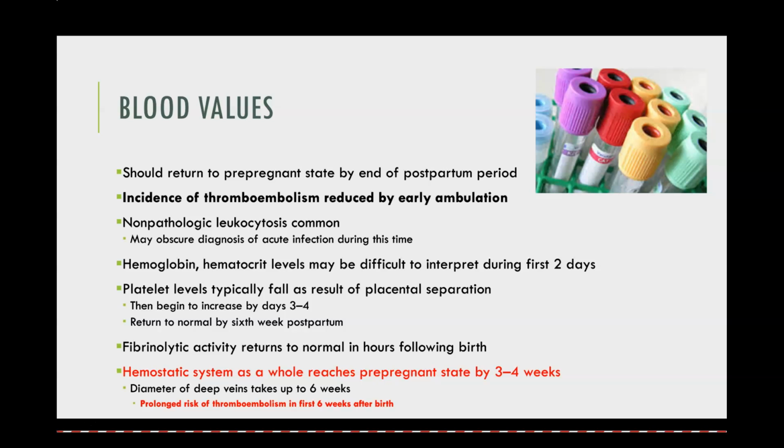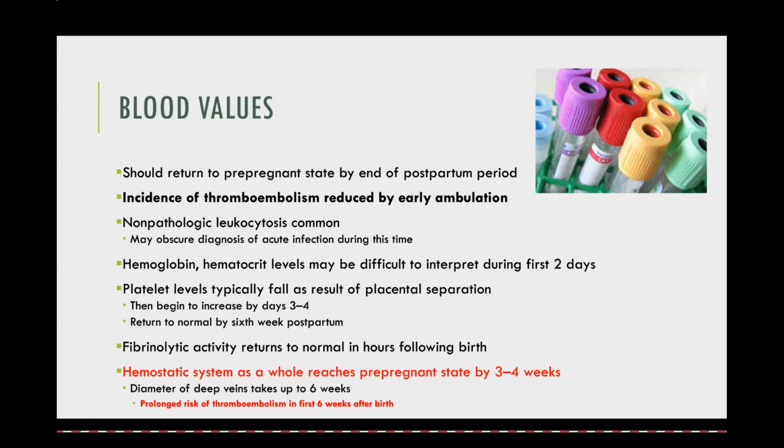Fibrinolytic activity will return to normal in the first few hours following birth, and the hemostatic system as a whole should reach back to its pre-pregnant state by about 3 to 4 weeks. However, the diameter of the deep veins will take up to about 6 weeks to return back to normal, and because of this, that is why your patient remains at risk for these blood clots during the first 6 weeks after birth.